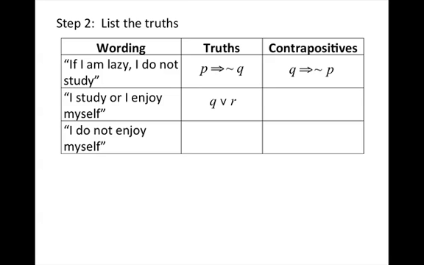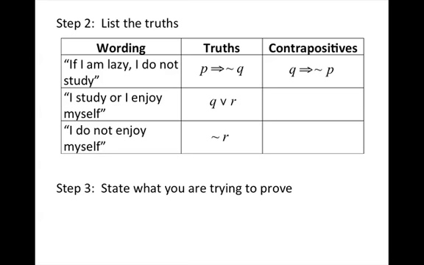Well, enjoying myself was R, so I do not enjoy myself was not R. Now step 3, look at what you're trying to prove. You're trying to prove I am not lazy. P was I am lazy, so I'm trying to show not P is true.